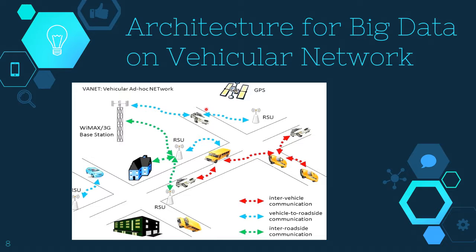So we can look at some vehicular data like traffic patterns, for example. So maybe in areas with high traffic, you might need more RSUs to help with traffic congestion, and not just traffic congestion like physical road traffic, but also networking traffic, for example. So this is how big vehicular data can be applied here.